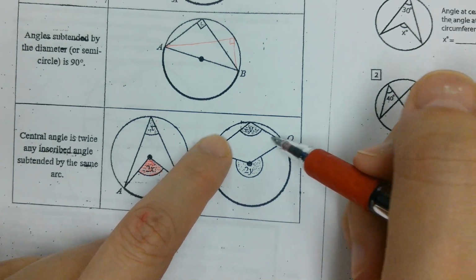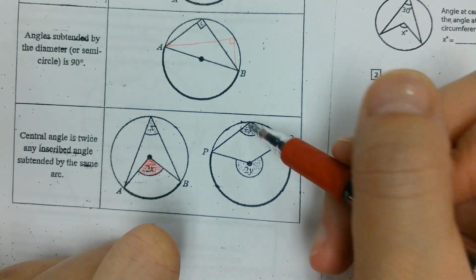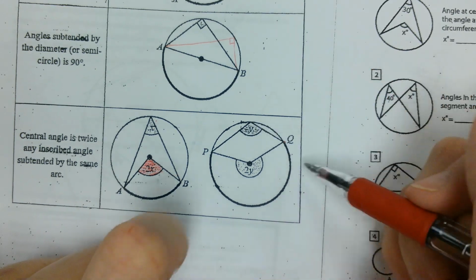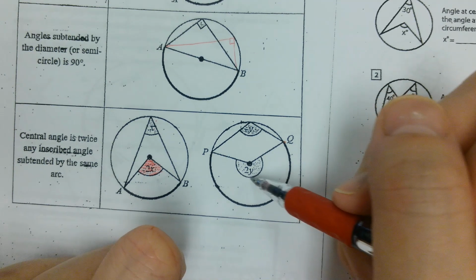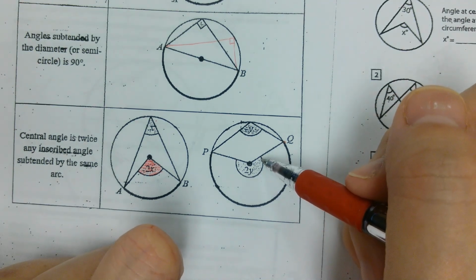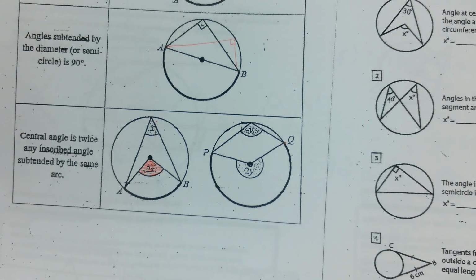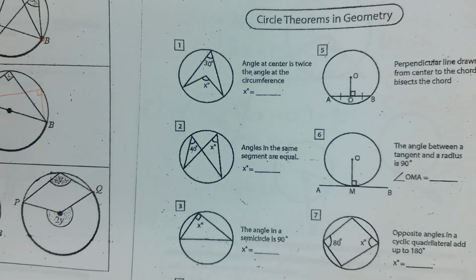Same rule applies. If I draw it to the circumference, that's my inscribed angle. And if I draw it to my center, that's the central angle, and it's double. So let's do a little summary right here.